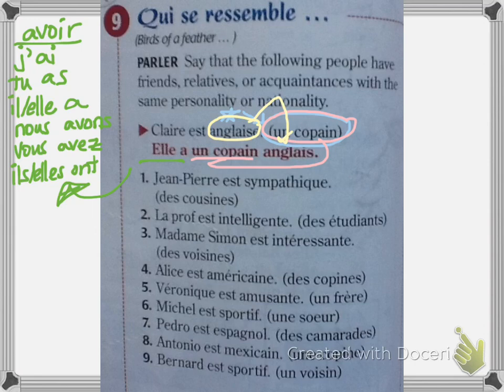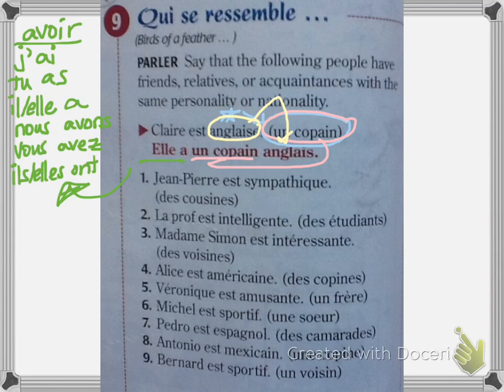5. Véronique est amusante, un frère. Elle a un frère amusant. 6. Michel est sportif, une sœur. Il a une sœur sportive. 7. Pedro est espagnol, des camarades.